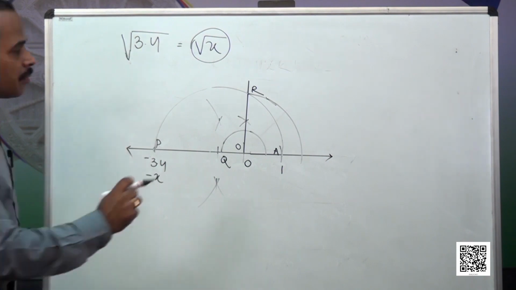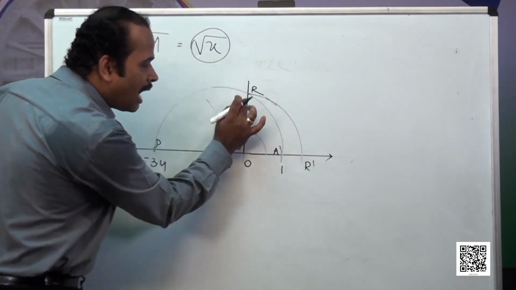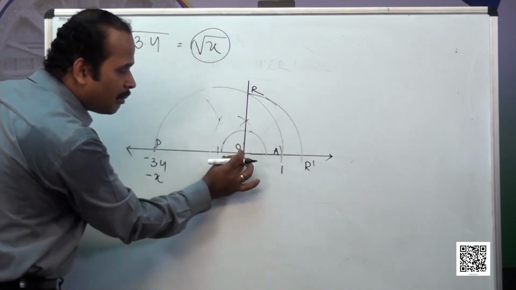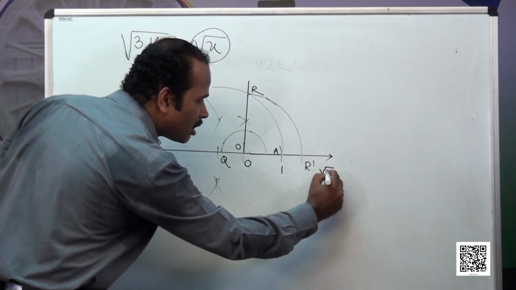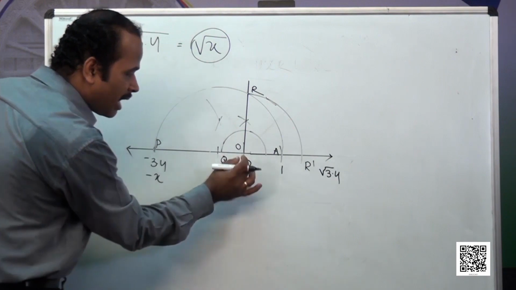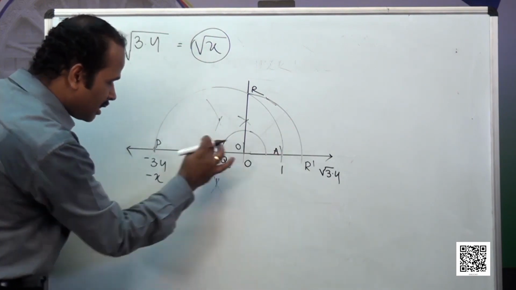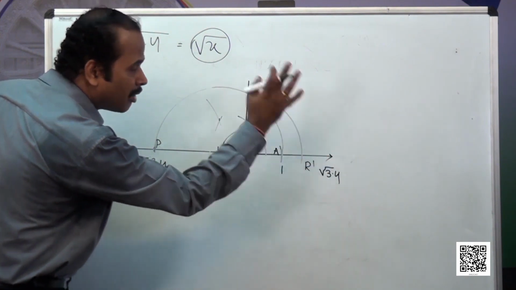The point where it cuts, let me take as R dash. Now OR and OR dash are both equal because I have selected O as center. Now R dash represents the square root of 3.4 on this number line. This is 0, this is 1, this is minus 3.4, and this point R dash is the square root of 3.4.